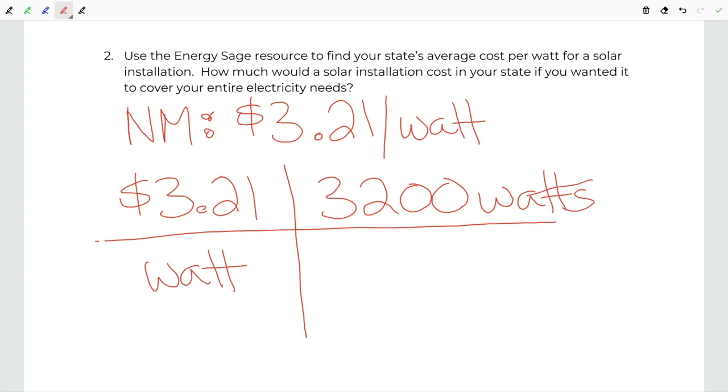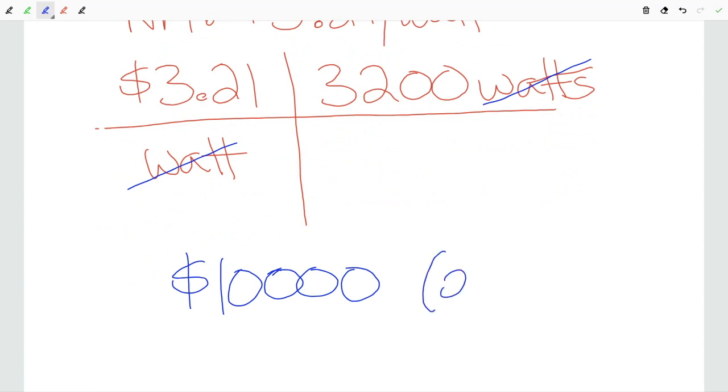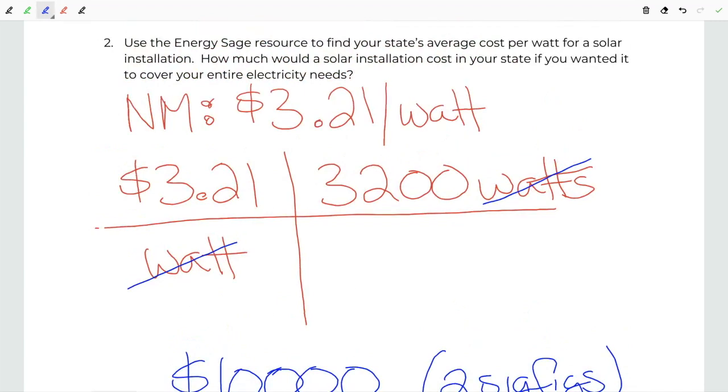We can cancel our watts, and we end up with a $10,000 system. This has 2 sig figs. It just rounded in a way that doesn't demonstrate that. Okay, so again, we're just making use of our railroad tracks to work out all of these conversions.